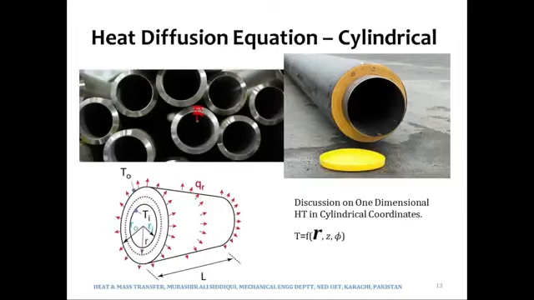So the heat will flow out radially, which is being shown over here. The heat will flow out radially in all the directions. Now over here we are being shown, for example, if this is a steel pipe, then the temperature difference through the thickness of the pipe will be less.